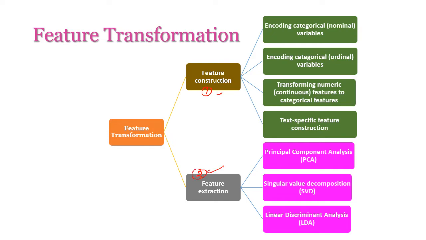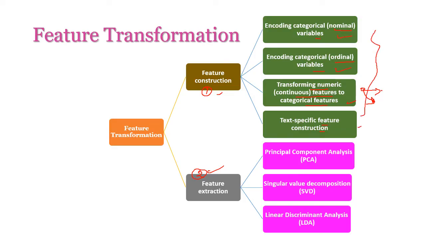Feature construction includes encoding categorical nominal variables, encoding categorical ordinal variables, and transforming numeric continuous features to categorical features. So the continuous features will be transformed into categorical features, and text specific feature construction.